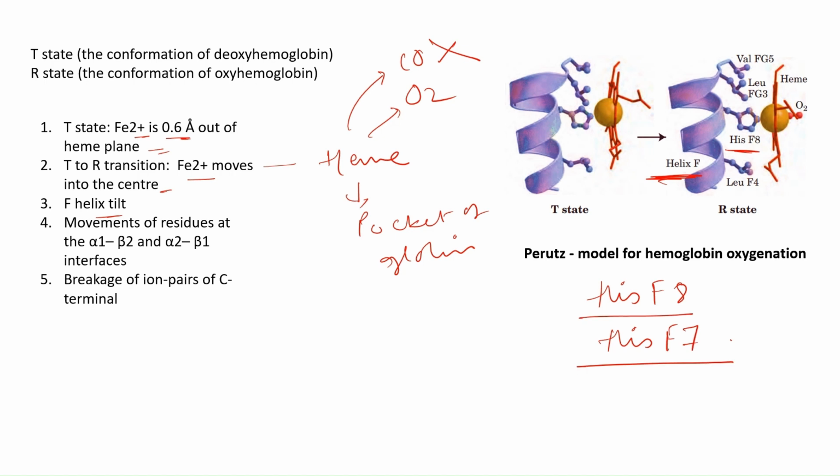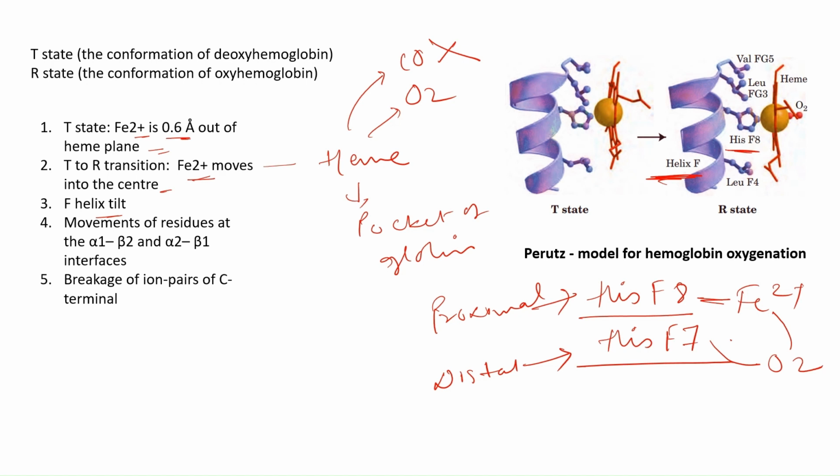These are the amino acid positions that are attached with Fe. Histidine F8 is directly attached with Fe, whereas histidine F7 is not directly attached with iron. It is attached with the oxygen, the oxygen attached with iron. So that's why histidine F8 is known as the proximal end or proximal histidine site, whereas histidine F7 is the distal side. So as soon as the oxygen is bound with the Fe, it will move inside the center.